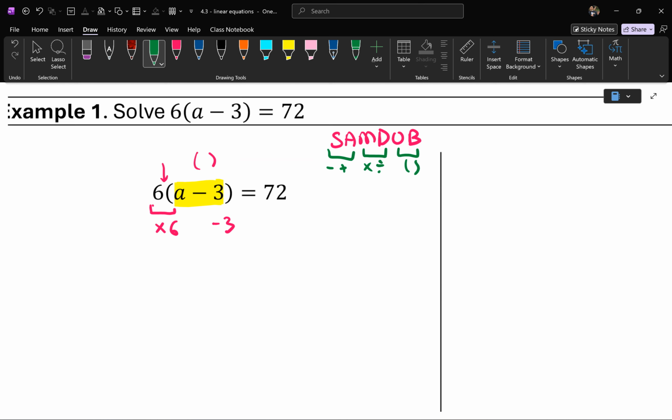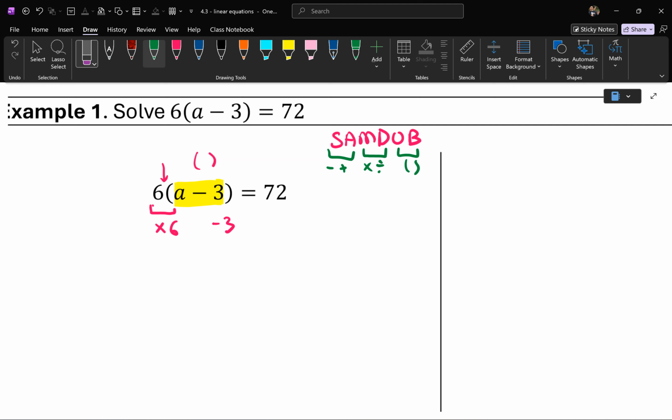I do have addition or subtraction. What's the problem? It's in the brackets. So actually that's meant to go last. Had there not been brackets, you would have got rid of that first. So the trick here is get rid of multiplication division, which is the times 6 first. That's what's a bit tricky for a lot of students at the start. Yeah? So here, because this is brackets, that's meant to be the last group I'm doing, then I need to get rid of that 6 first.